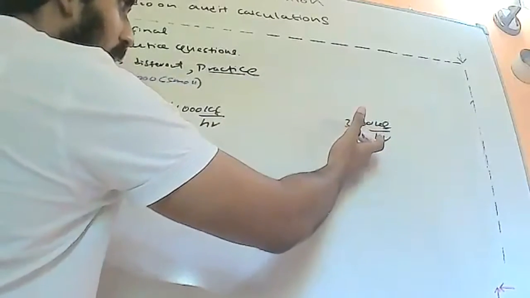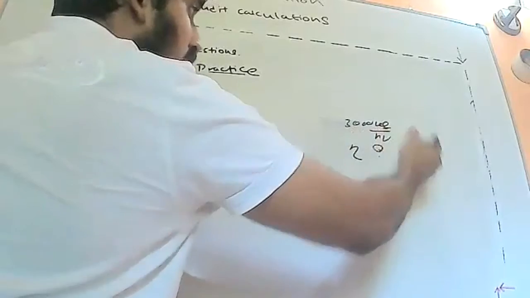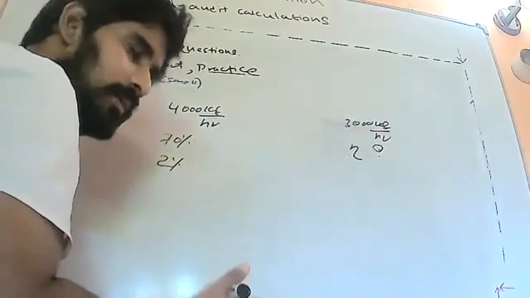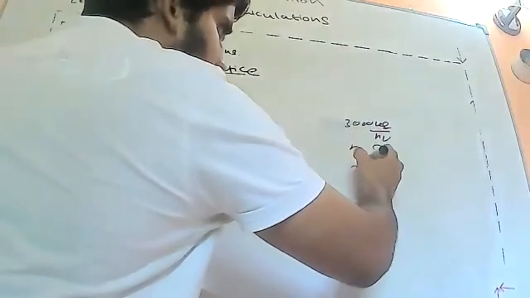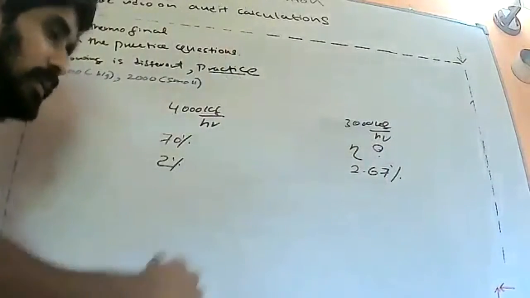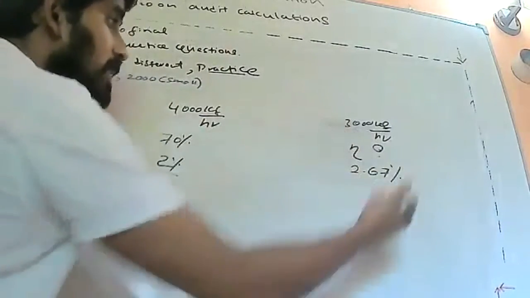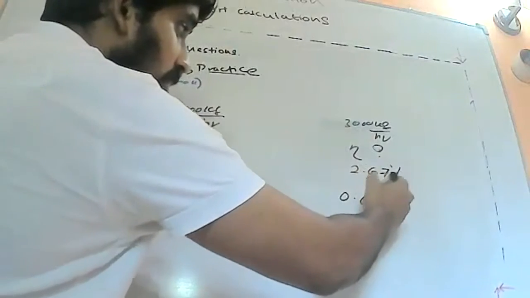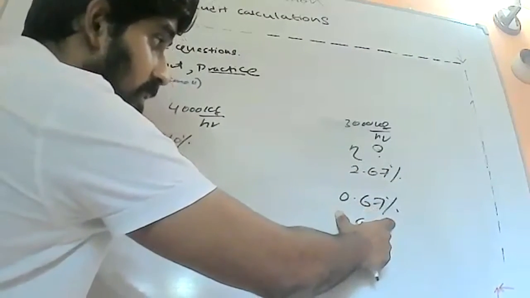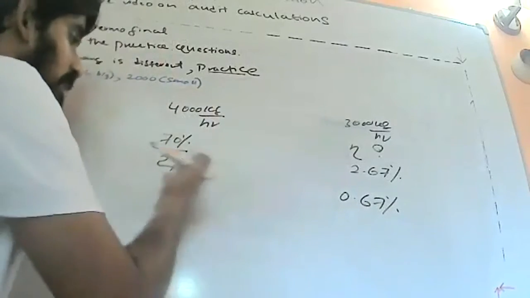And here we have to calculate the boiler thermal efficiency, which is unknown, and the surface loss percentage we very clearly evaluated in the previous explanation. So that is 2.67%. So now you can very clearly see when compared to the initial case, the surface loss percentage is increased by a further 0.67%.